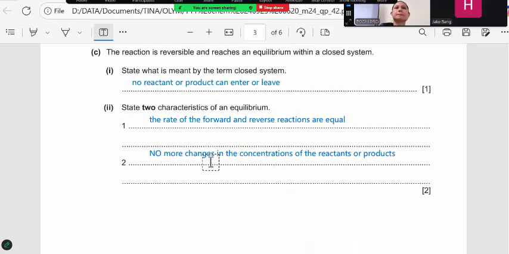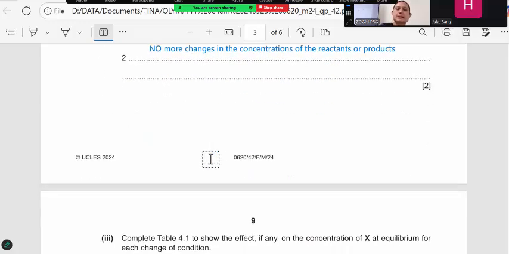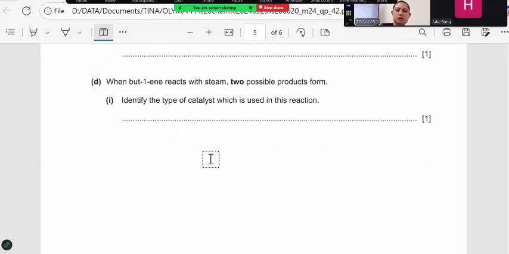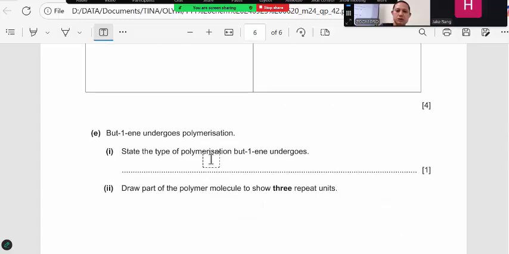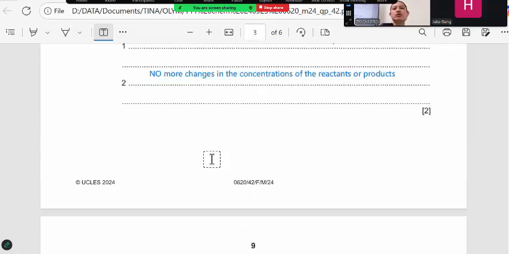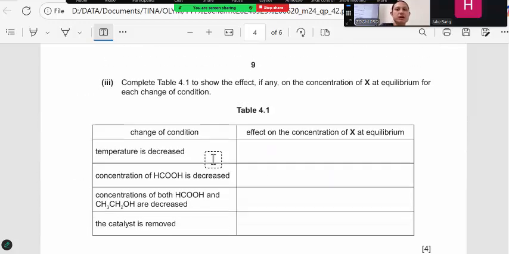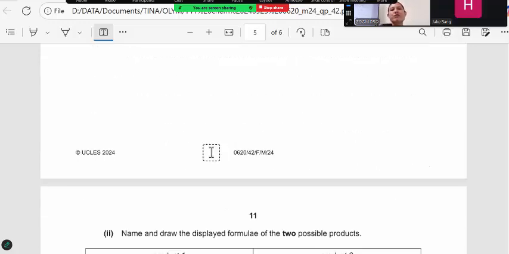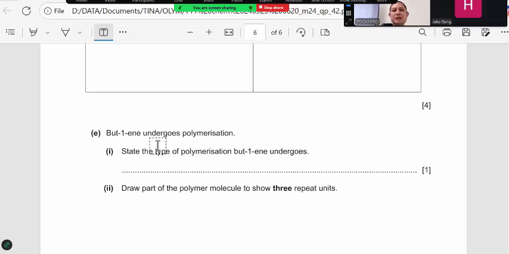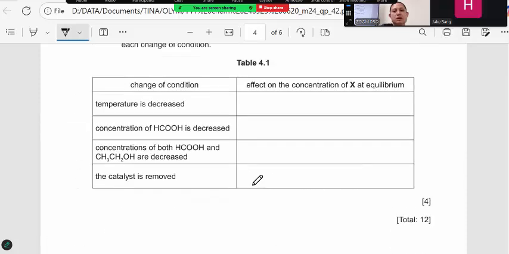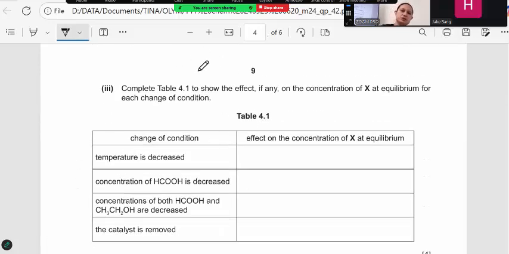Can you try and finish this paper? I'll just give you 5 minutes. If you cannot finish, it's okay, I'll teach you how to do it. Do everything except for this one. This one I'm going to teach you today, how to do polymerization.